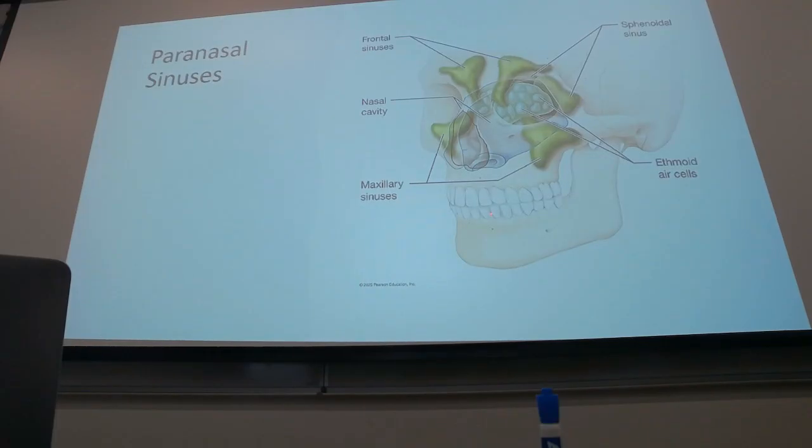So this is a shadow view of the sinuses: maxillary, sphenoidal, frontal, and the ethmoidal cells. Something about the maxillary sinuses is that they are close to the second superior molar.